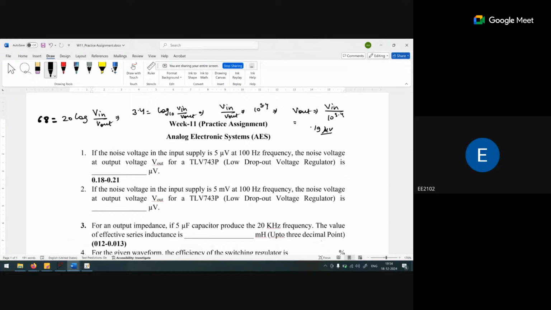So 68 is equal to 20 log V in by V out. So it is 3.4, and we can calculate the V out value, the noise voltage at the output side.